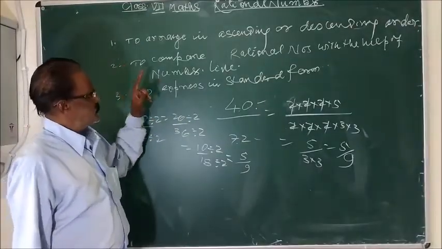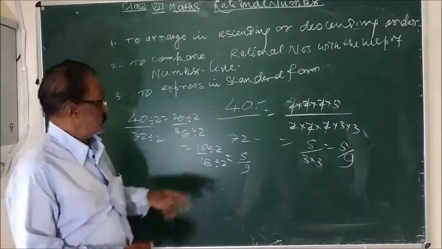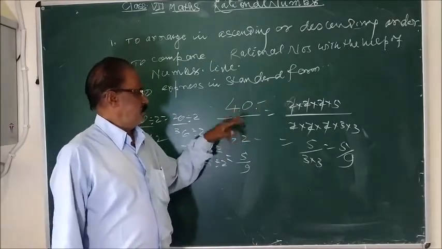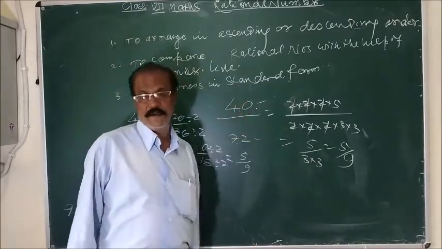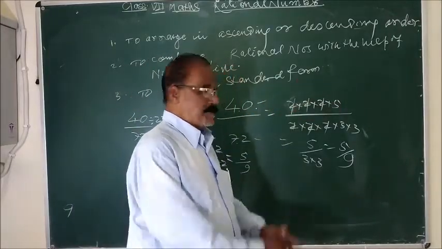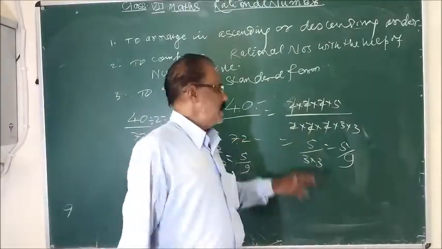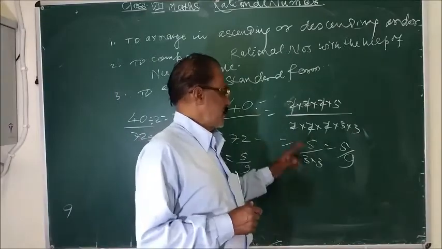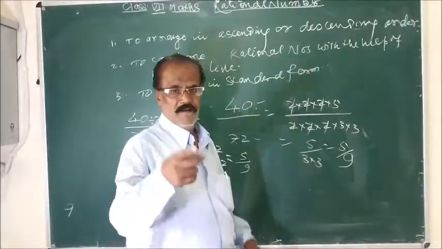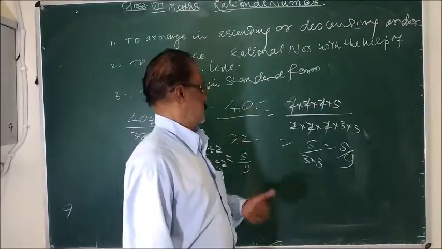And the standard form, as I have explained with one example, 40 by 72. We find the prime factors of the numerator and denominator, the common factors will be cancelled, and the remaining you multiply in the numerator and in the denominator. That remaining numerator and denominator, 5 by 9 in this example, is the standard form of 40 by 72.